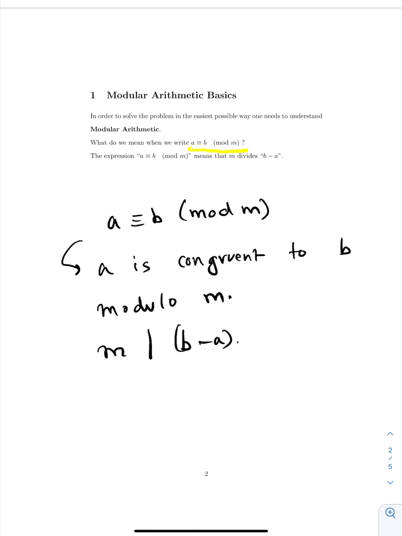Another very important question that might be asked here is, what are A, B and M? A and B are integers, any integers, can be negative or positive, and M is a positive integer.